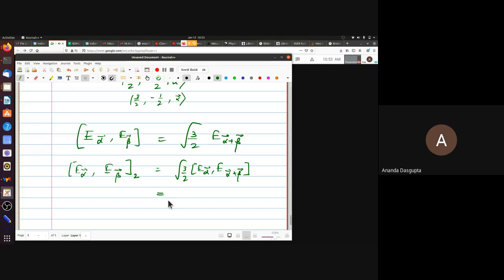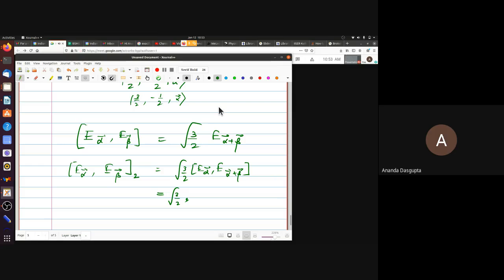But what is this going to be? This is going to be root 3 by 2 times, what do you get now? Then you apply j plus twice on 3 by 2, minus 3 by 2. That's what you're really doing, right?